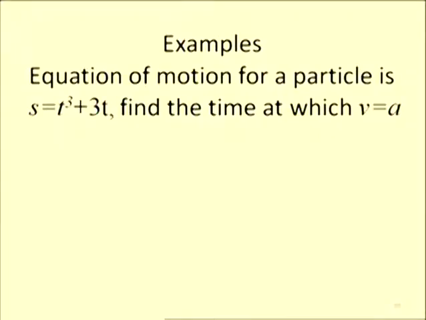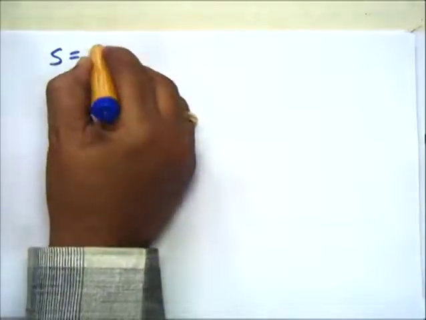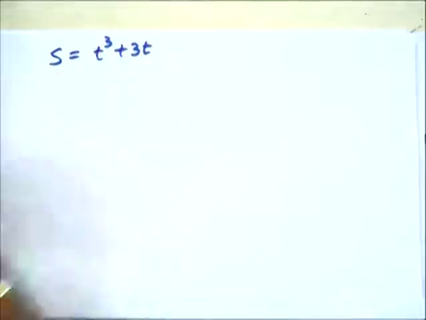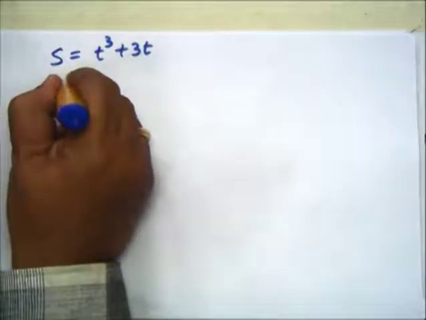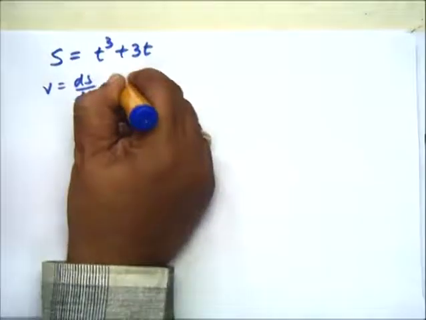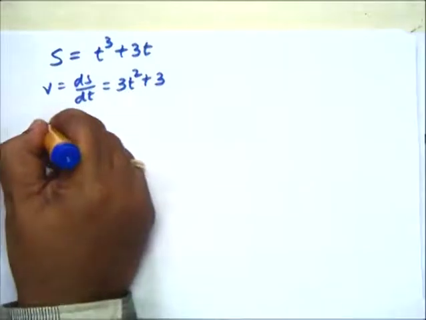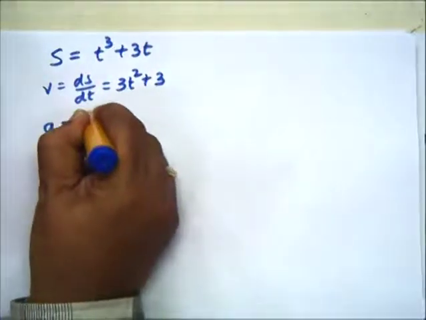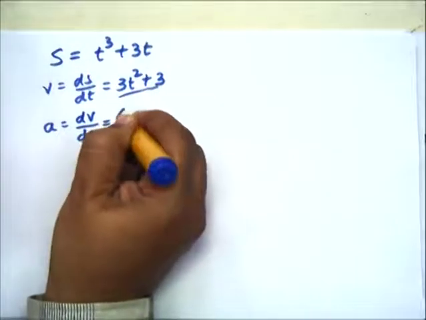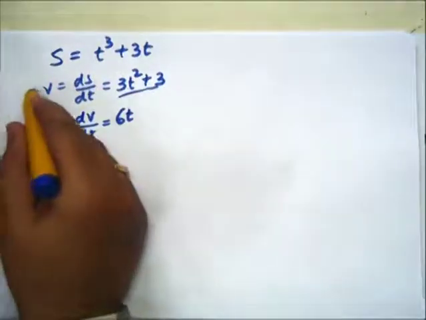So if we have s is equal to t cube plus 3t, and we differentiate this function, we get v, that is ds by dt, that is 3t square plus 3. Now acceleration a, as we know, is dv by dt. So again we differentiate this function, which gives 6t, plus the derivative of 3 is 0. So we got v and a.